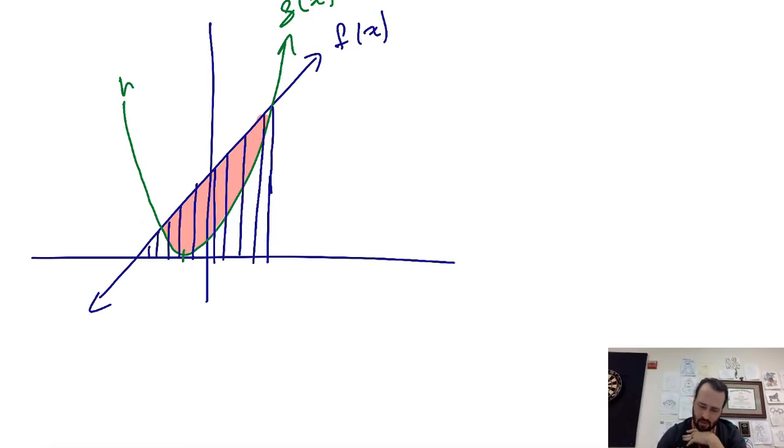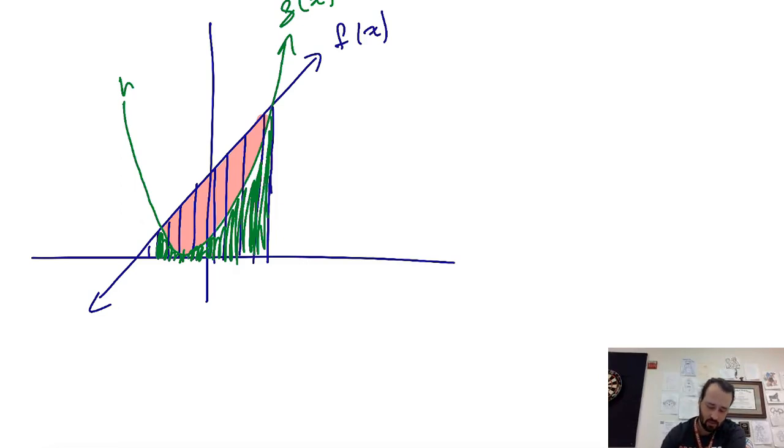If I do the sum of g of x, then it's going to take all of the sum of this area right here. So it's between the curves. So what I'm really looking for is the heights of f of x minus the heights of g of x.